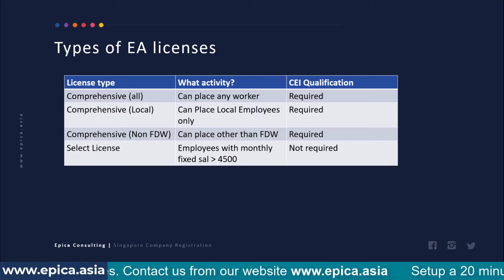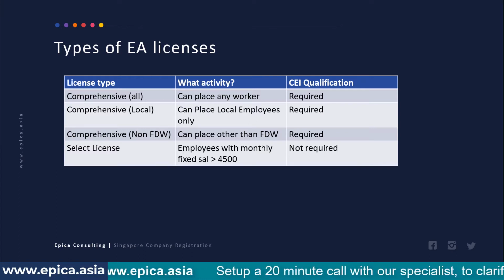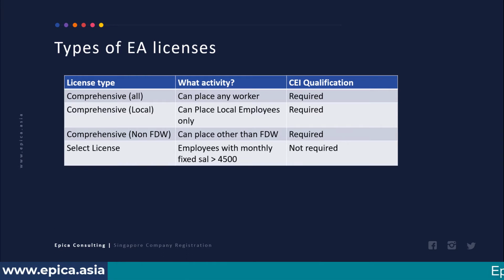Since they are at the lowest strata of society and obviously get less salary, it is generally presumed that their ability to negotiate or deal with employment agencies is slightly lower. Therefore, to protect them, these licenses have some additional conditions put in place.